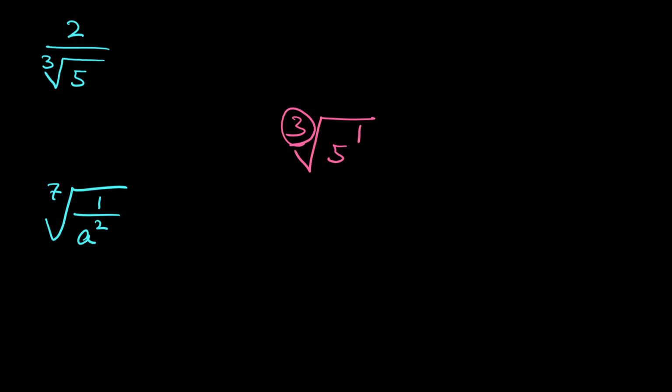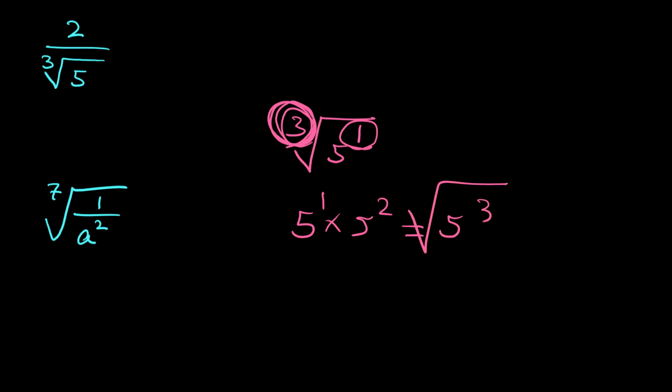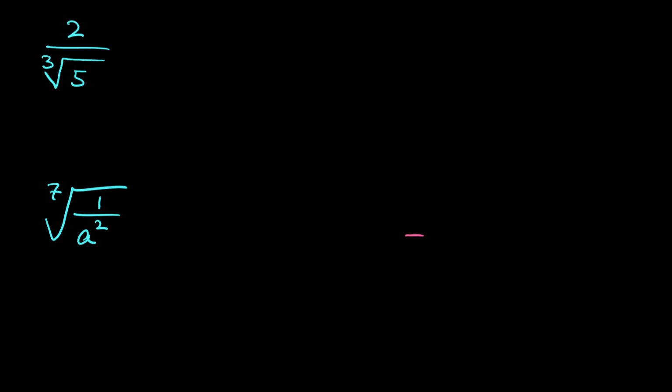So what power of 5 do we need to add so that we have cube root of 5 to the 2, because 5 to the 1 times 5 to the 2 would be 5 to the 3. Then if we have a cube root on top of that, this power with this index cancels and we can get rid of the radical.